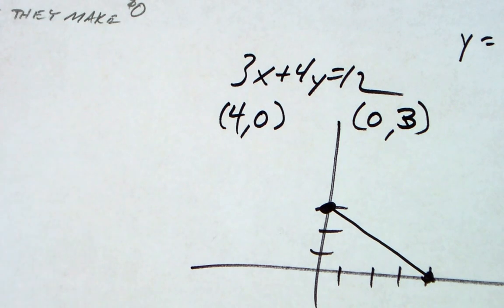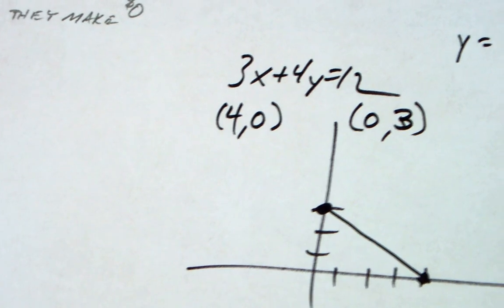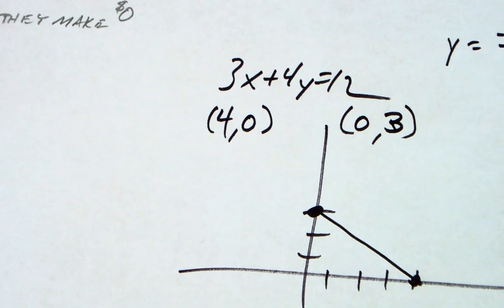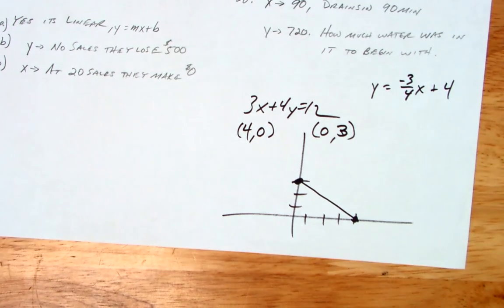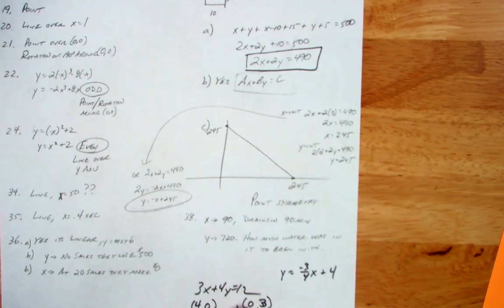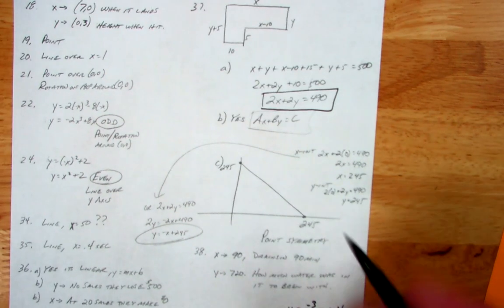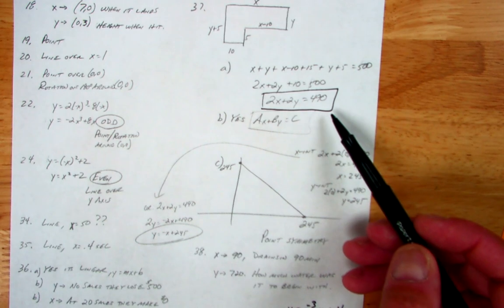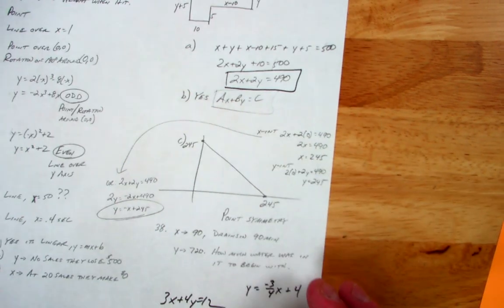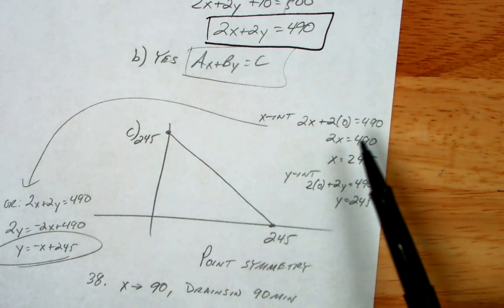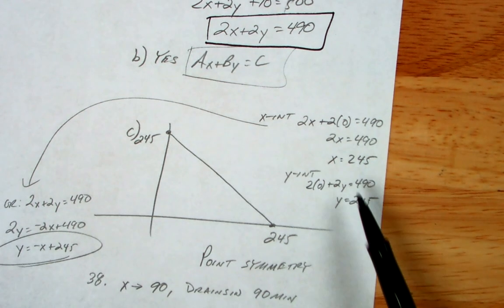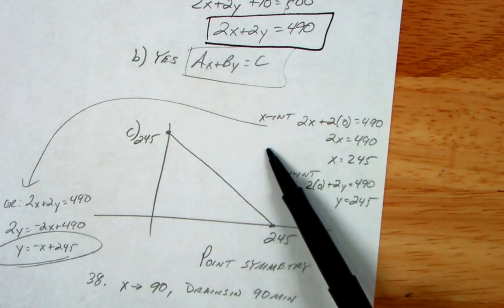Okay? So if something is presenting itself in general form, I'd find my x and y intercepts and graph it that way. But you can do it either way. So when we get to something like 37, once you get that equation that is right here, you can either come down here, find my intercepts by plugging 0 for x and 0 for y, and then plot your intercepts.